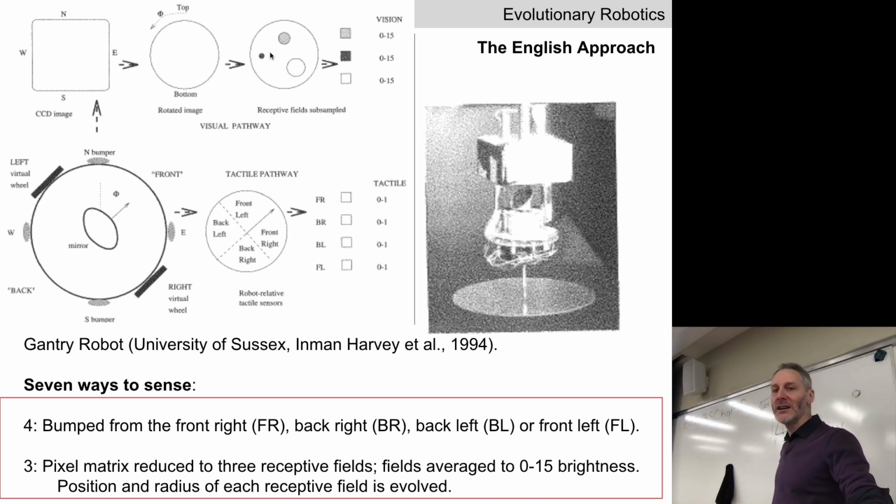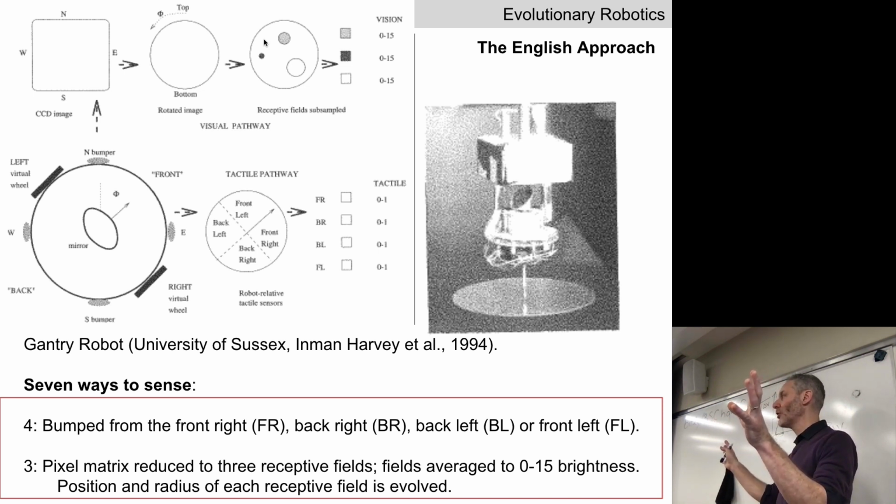That's what they're simulating here. But in this case, the researchers are allowing evolution to drop 3 fovea, these 3 circles. All of the pixels in the video frame that are outside of these 3 fovea, that data is thrown away. So far, so good?